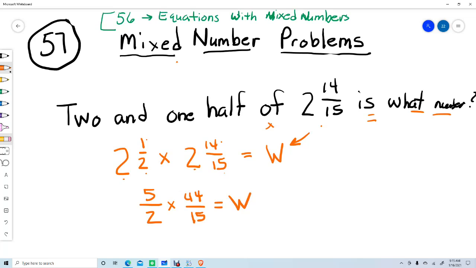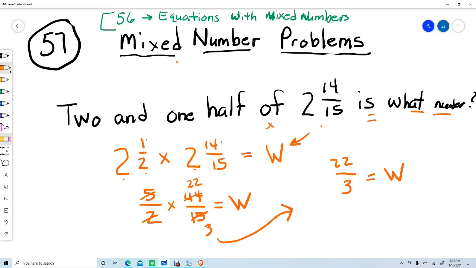Again, this is pretty much the same as what we just did. This is going to cancel, and we're left with 22 there. This is going to cancel. I'm left with 3 on the bottom. My answer is 22 over 3.